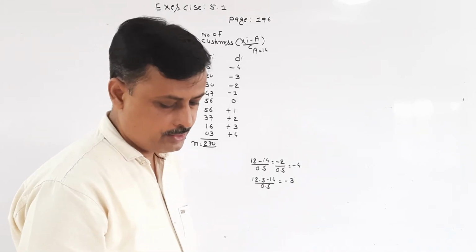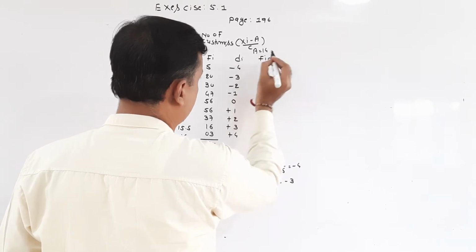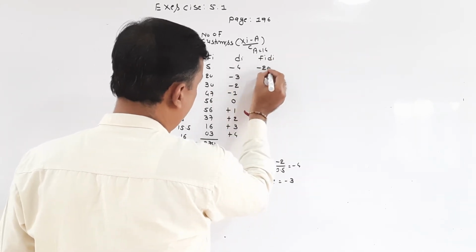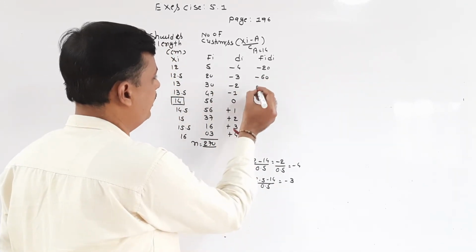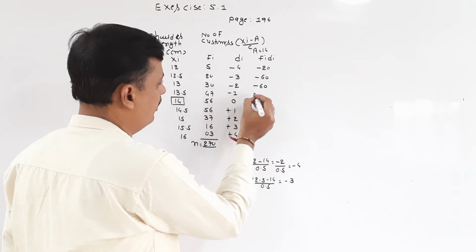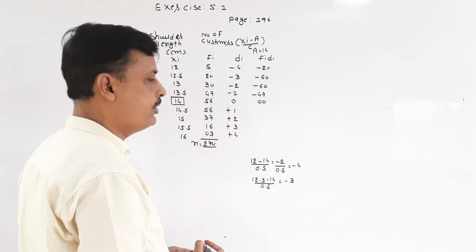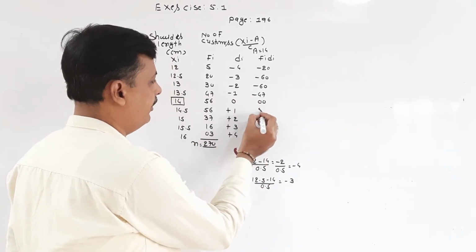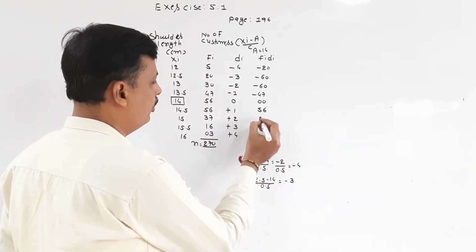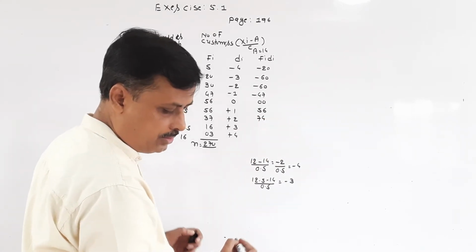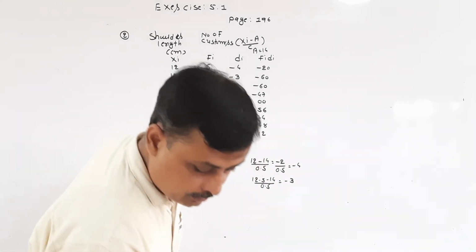Now fidi is required. 5 into minus 4 is minus 20, 20 into minus 3 is minus 60, 30 into minus 2 is minus 60, 47 into minus 1 is minus 47, 56 into 0 is 0, 56 into 1 is 56, 37 into 2 is 74, 16 into 3 is 48, and 3 fours are 12.